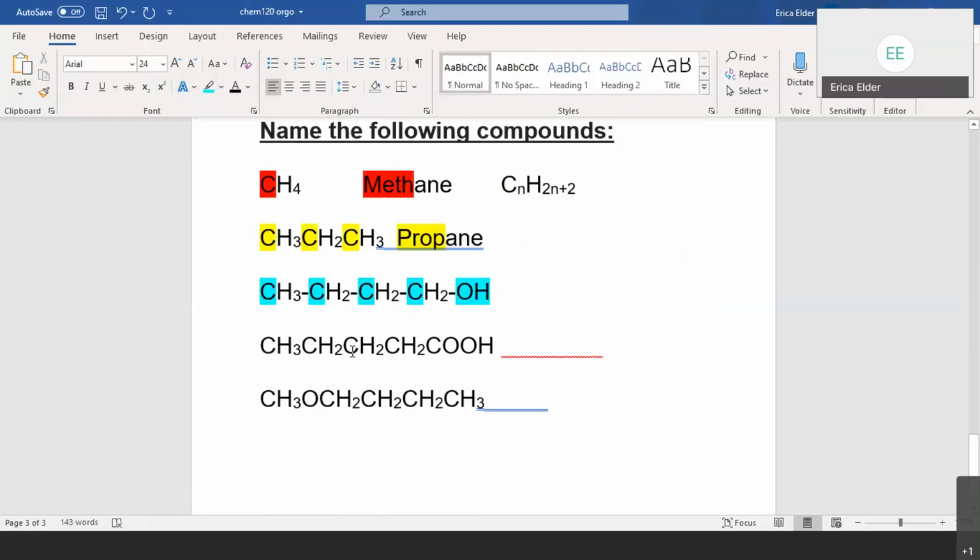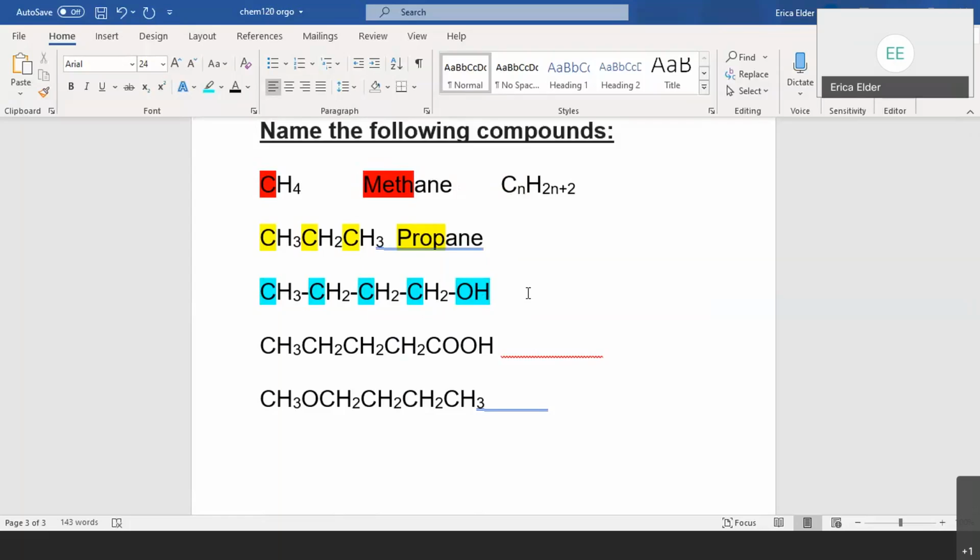Okay? So in our naming, we have an alcohol bonded to that butane. So if we go back and look at our rules, we know that we must first omit the E and add the appropriate suffix.